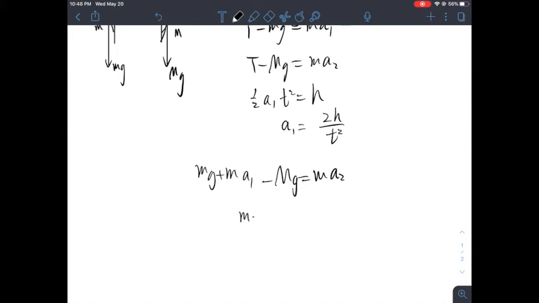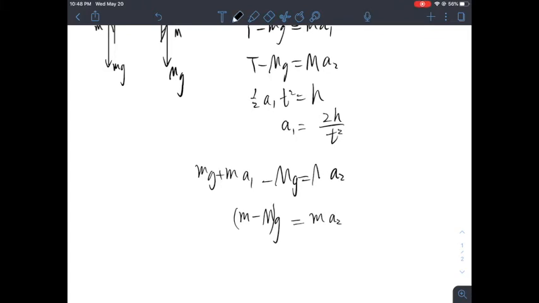We plug in T, which equals mg plus ma1. Plugging into the second equation, mg plus ma1 minus Mg equals M times a2. Then (m minus M) times g equals M times a2 minus a1 times m.